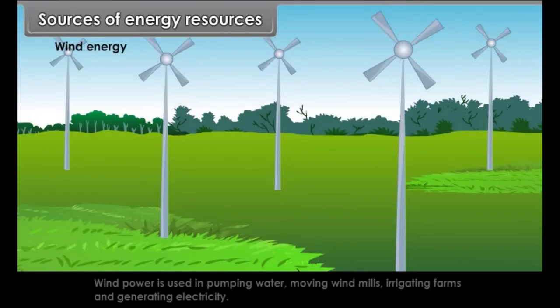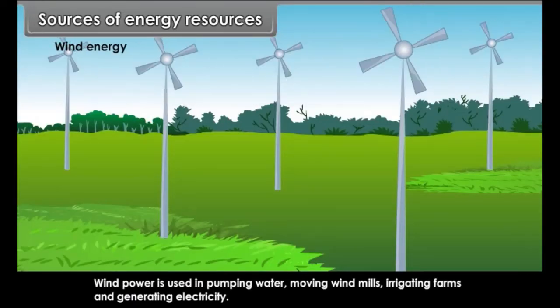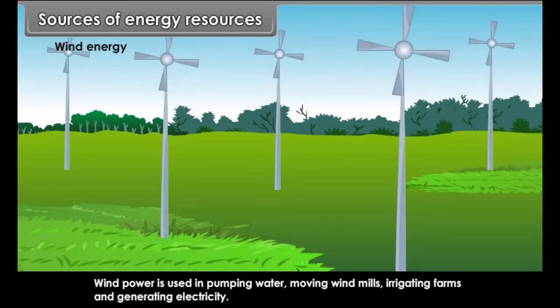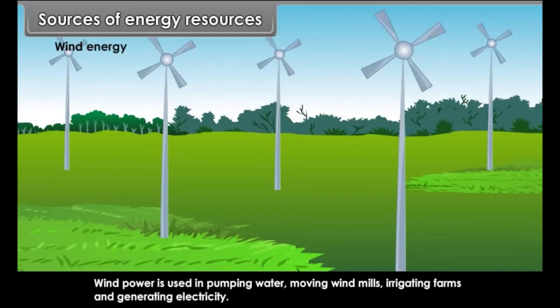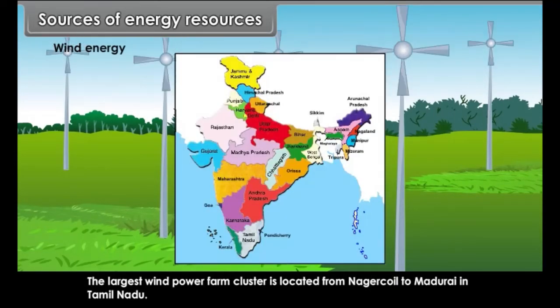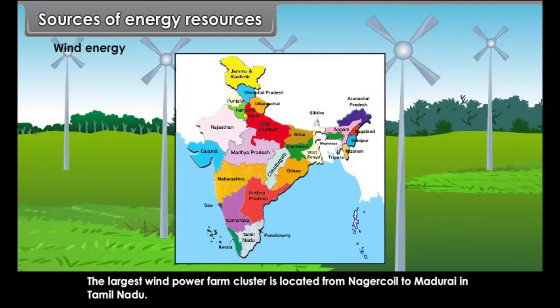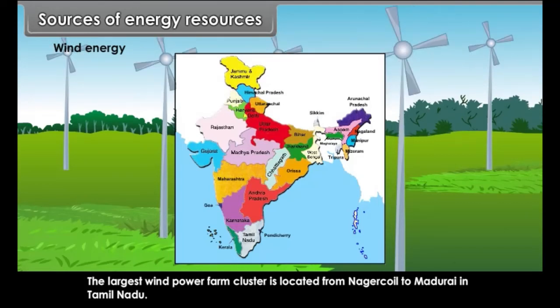Wind energy. Wind power is used in pumping water, moving windmills, irrigating farms and generating electricity. The largest wind power farm cluster is located from Nagercoil to Madurai in Tamil Nadu.